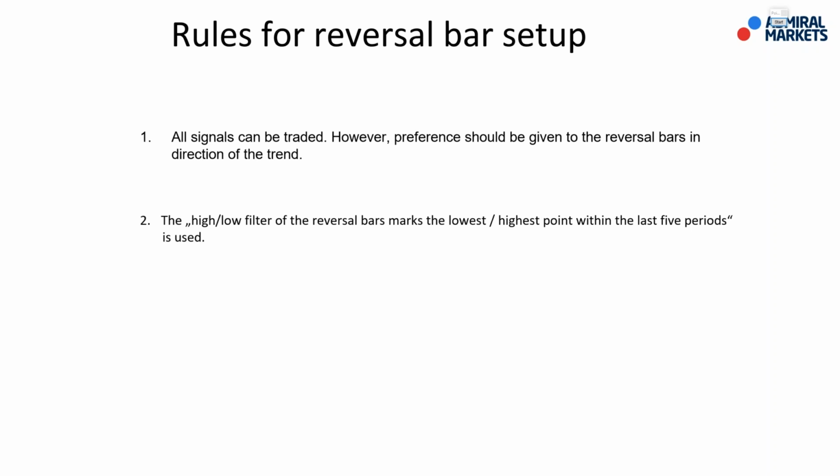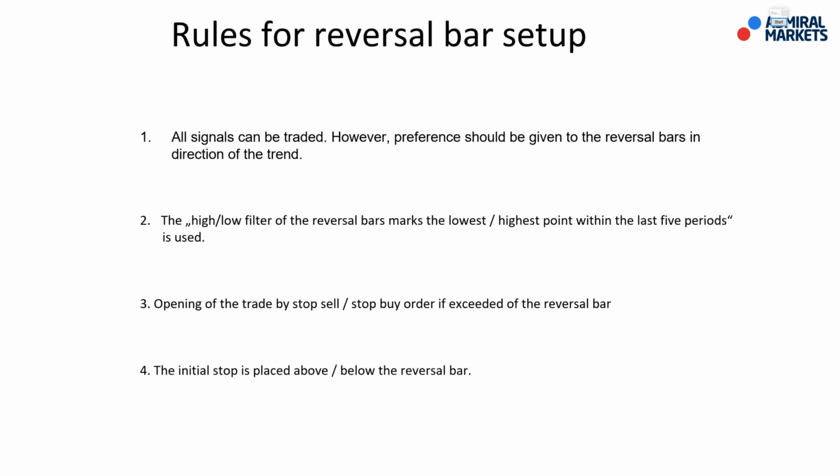This filter is used. The third rule: the opening of the trade by a stop sell in short or a stop buy in long, above the reversal bar at the close, or with a little bit of space at the close of the long or the short bar.